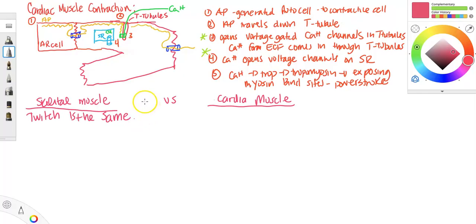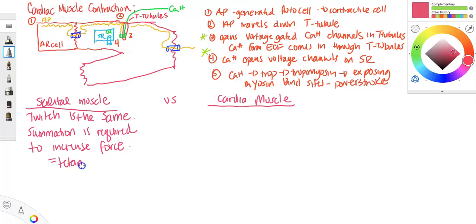Each muscle fiber, or really each motor unit, is going to contract the same. So that means summation is required to increase force. So remember, we can get tetanus. That's totally possible. That's normal, okay? In a cardiac muscle, that is not normal. We can't have tetanus, or the heart will not move blood around.